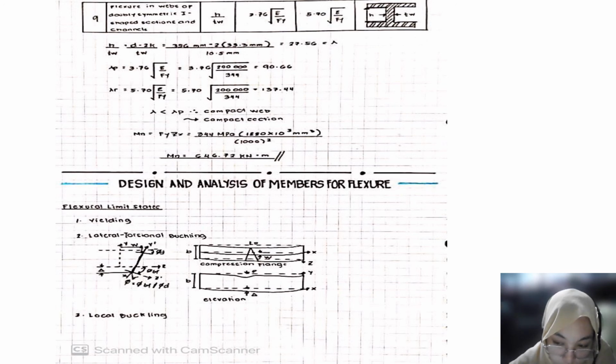Fy is 344 MPa, and the Zx is 1880 multiplied by 10 raised to 3 mm cubed over 1000 to convert it into kilonewton meter, so that ang makukuha natin na nominal strength is 646.72 kilonewton meter. Thank you.